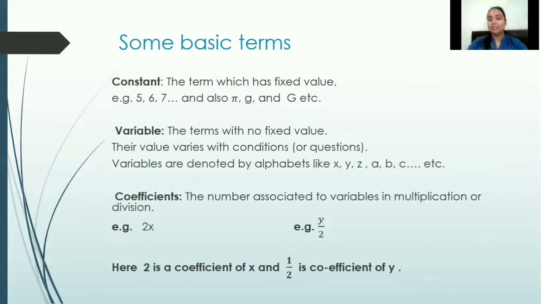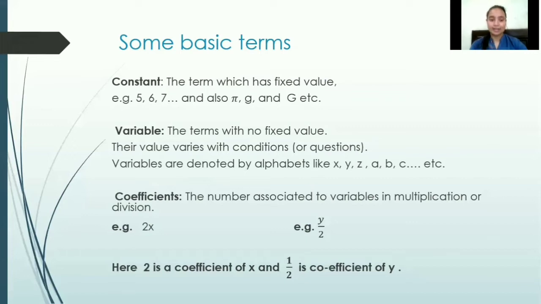Means the variable keeps on changing its value. And they can be denoted by alphabets like X, Y, Z, A, B, C. Generally small letters.